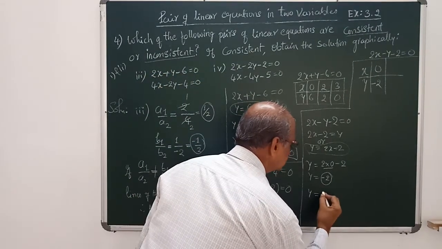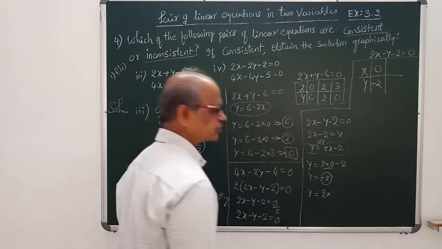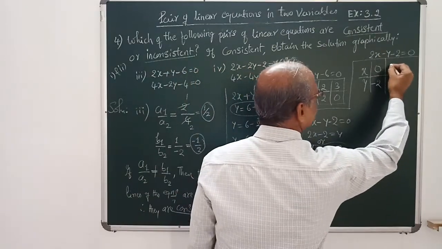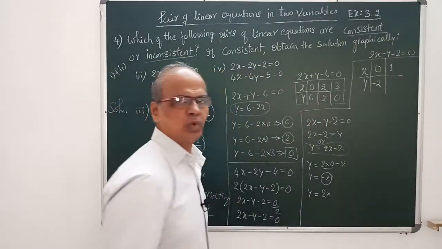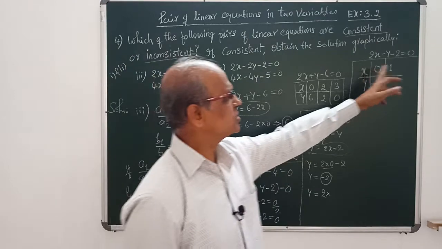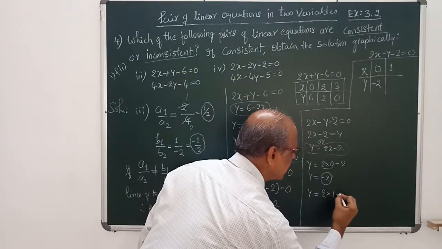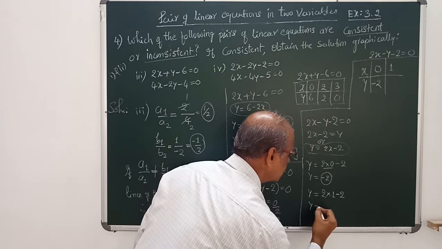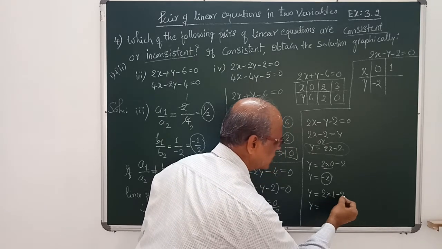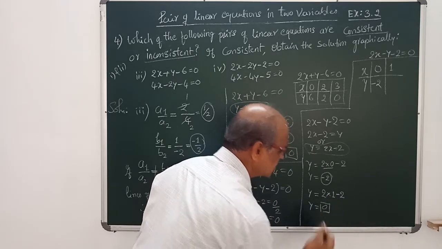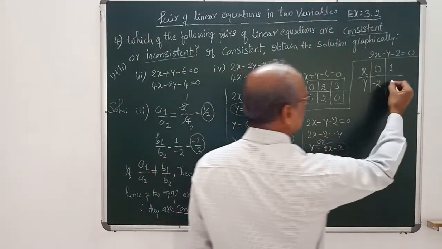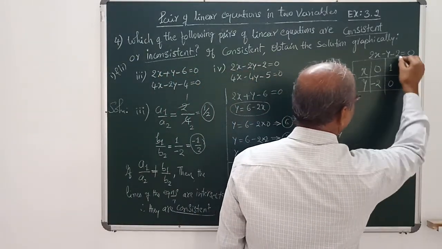Y is equal to 2 into, let me assume x is equal to 1, minus 2. So 2 ones are 2, and 2 minus 2 cancels, the answer is 0. That means the corresponding y value is 0.